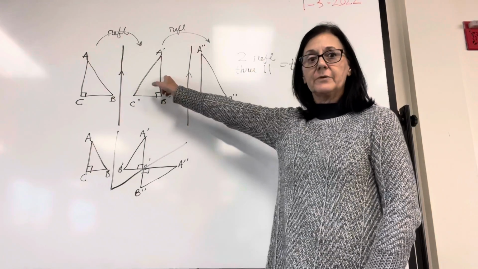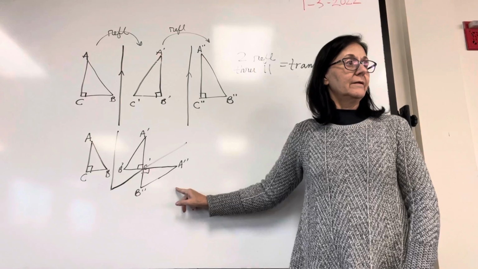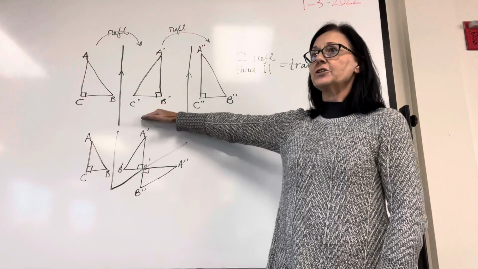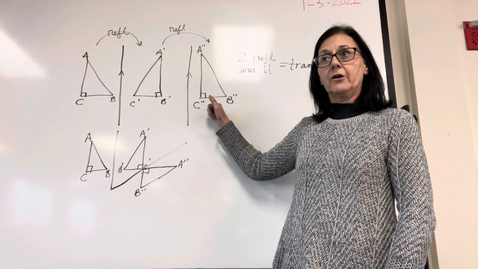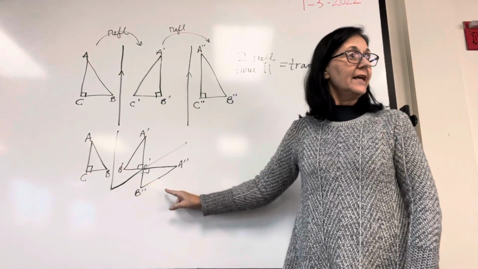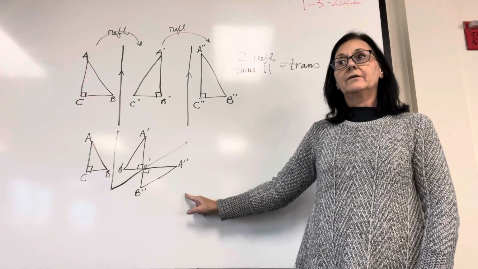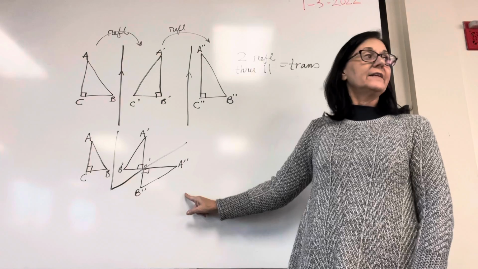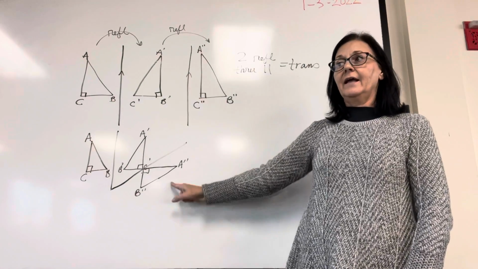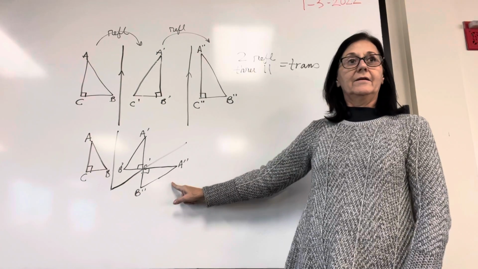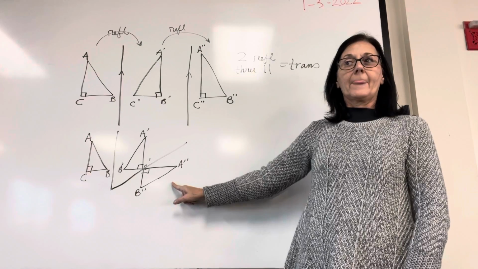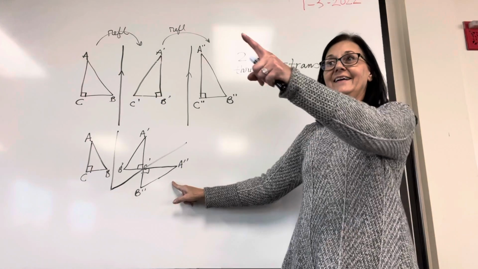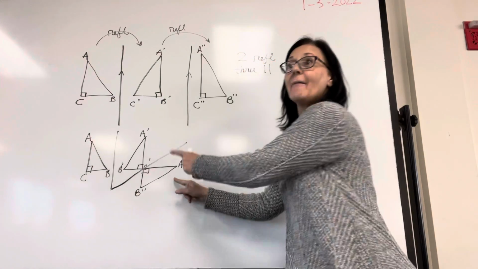So what's the difference between this one and this one? How can two reflections result in a translation here, but two reflections here result in a rotation? There's one difference. What's the difference between here and here? Yes? They're not parallel.